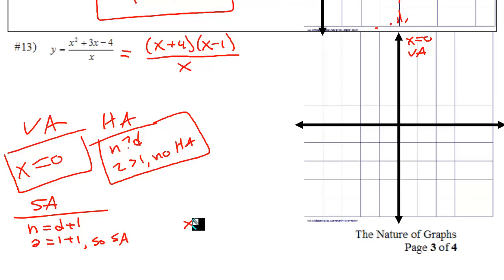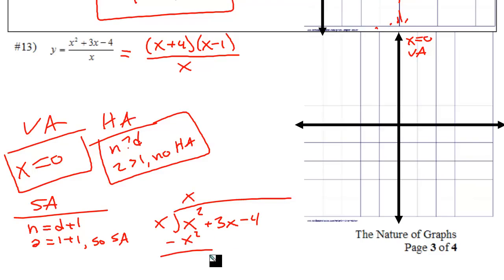To find the slant, you take the numerator and divide it by the denominator. However many times it goes into it evenly, that's what the slant asymptote is. x goes into x squared x times. x goes into 3x 3 times.